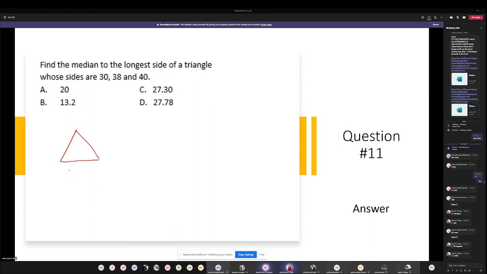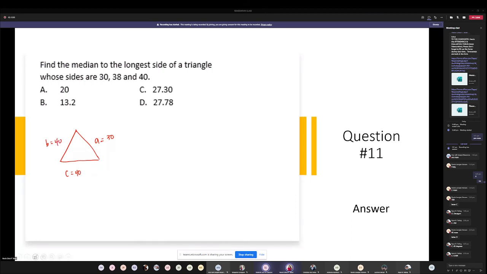Let's say I'll label this as the longest side, side C. Sometimes we need to rotate our device or our head to get a better view of the figure. So let me put the longest side here. Let this be the 40 unit side. Let us say this is side A, 30, and this is side B, 38.